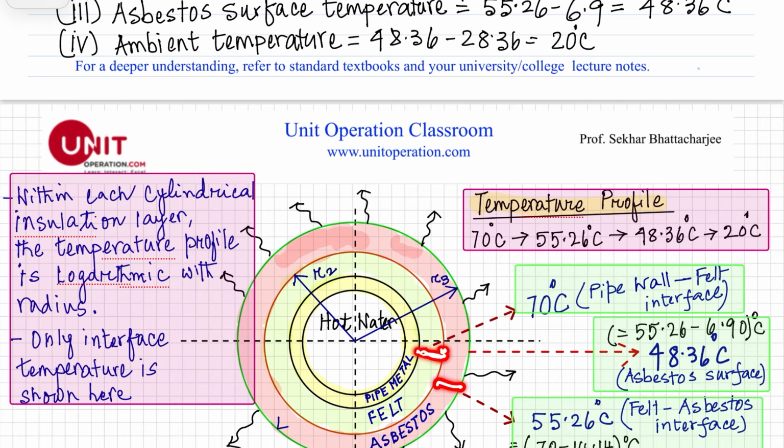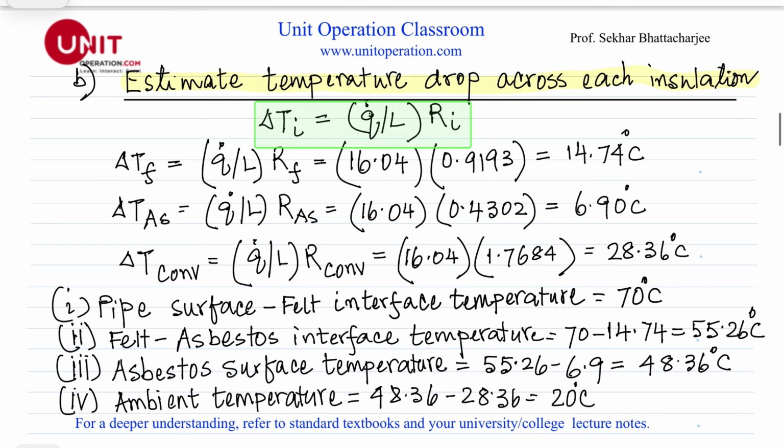What is the temperature drop across the asbestos insulation? And of course, from here to here, the temperature drop for the convective heat transfer. For any temperature drop, it's very easy. You already found this value Q dot over L, the rate of heat transfer per unit length, and you multiply it by that individual resistance.